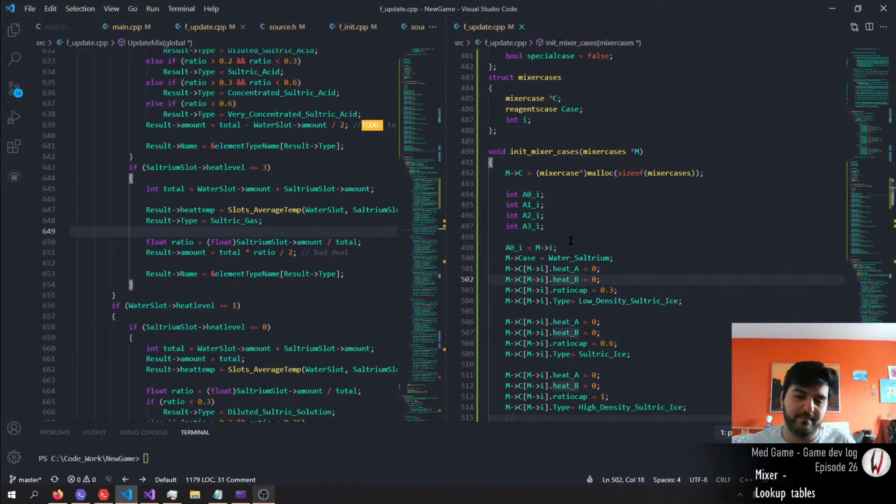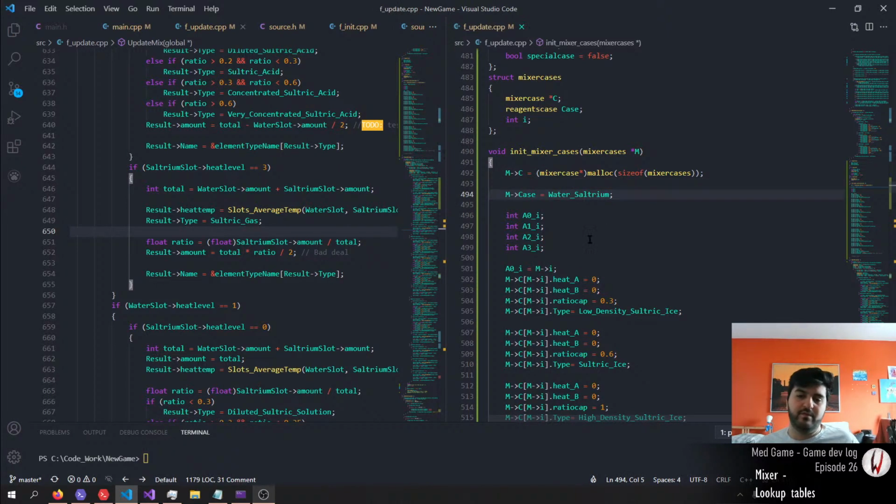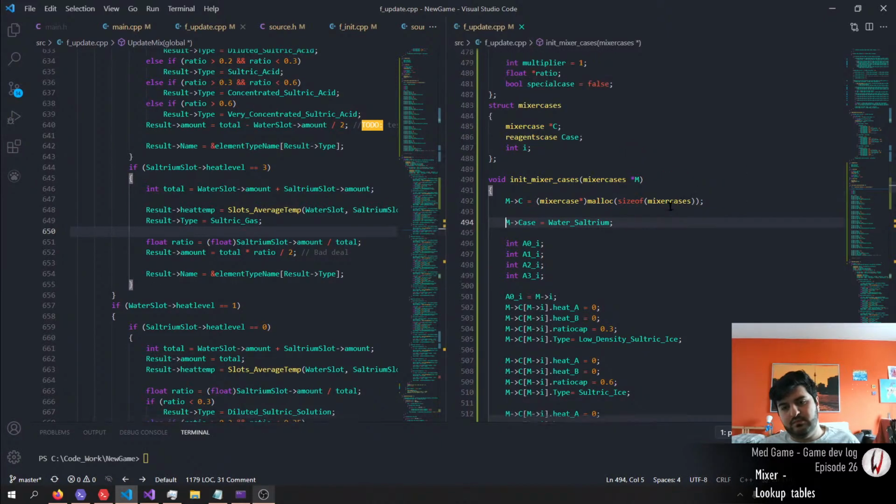Here's the bookmark. Case is going to be the mixer case.